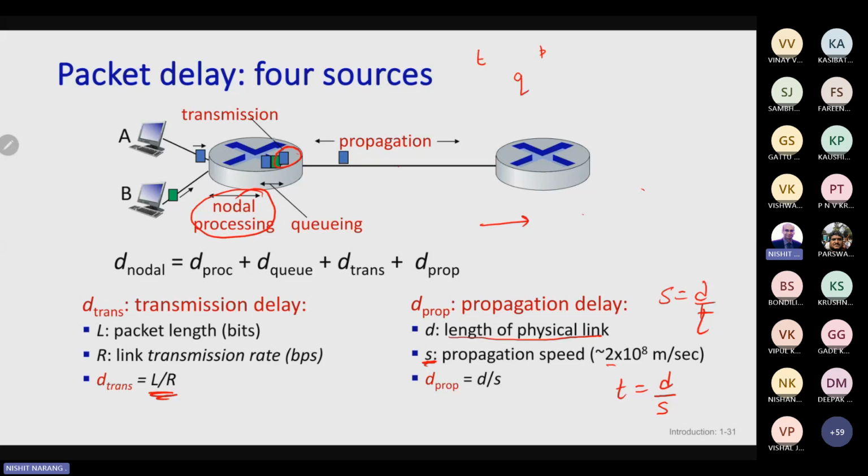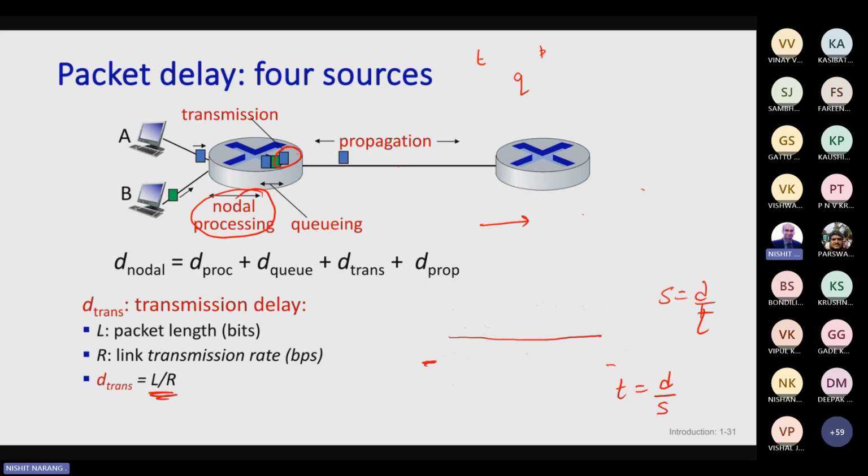I look at the packet header, I do a forwarding table lookup, I match that header in a forwarding table, and then I say, this is the outgoing link that the packet needs to go to, and then I forward it. What am I doing? I am doing some processing. What will the speed of processing depend upon? The CPU in this network appliance or this network switch. This is the processing delay called the nodal processing delay.